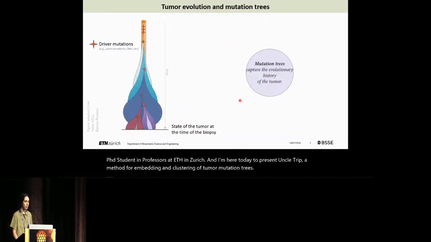First, I'd like to introduce what mutation trees are, how they capture the evolutionary history of the tumor, and more specifically, how they model the accumulation of driver mutations over time. By mutations here, I mean all kinds of genomic, epigenomic events, or even changes in gene expression.